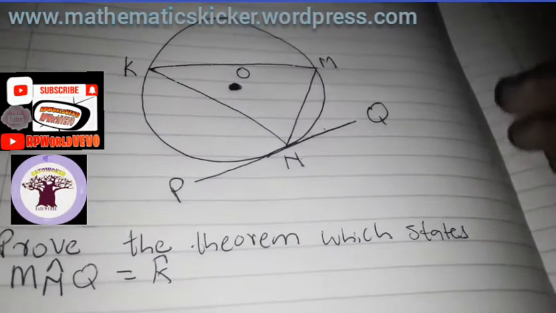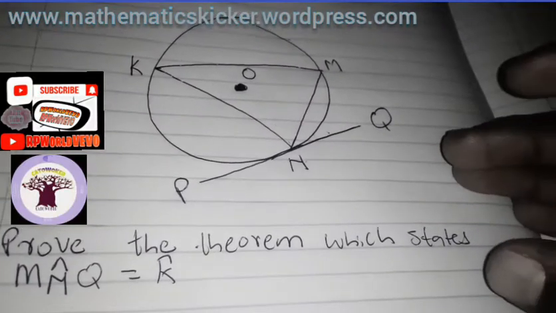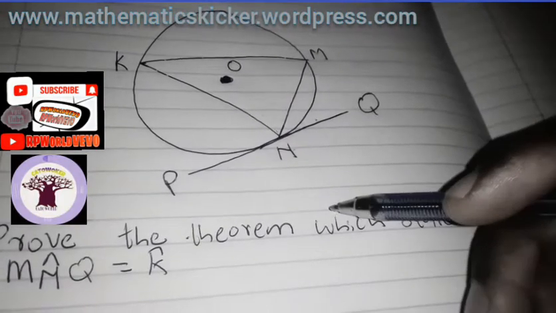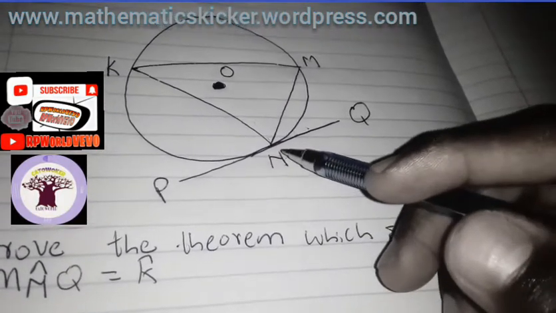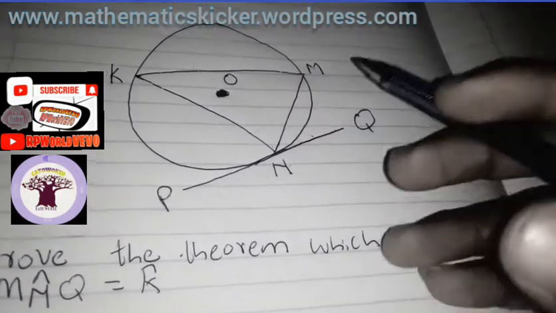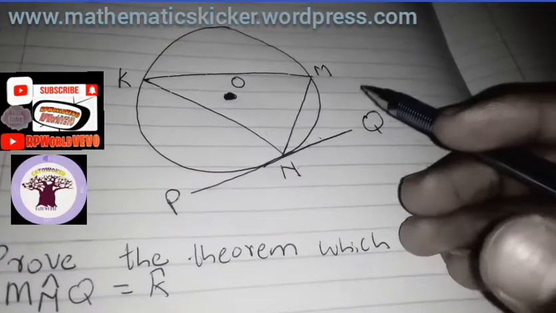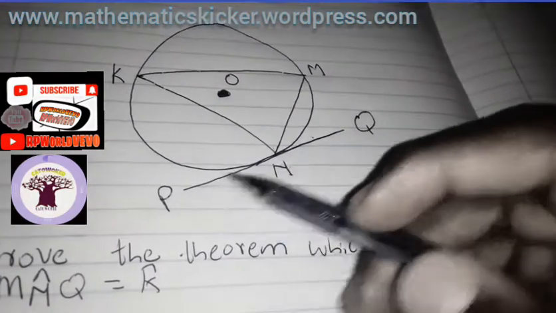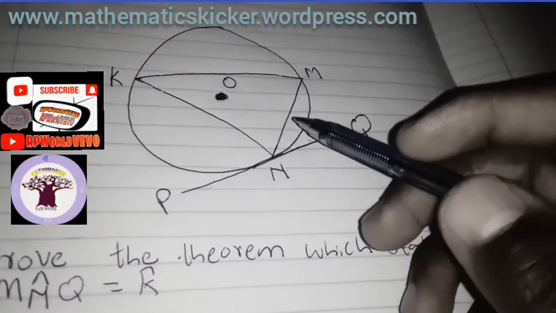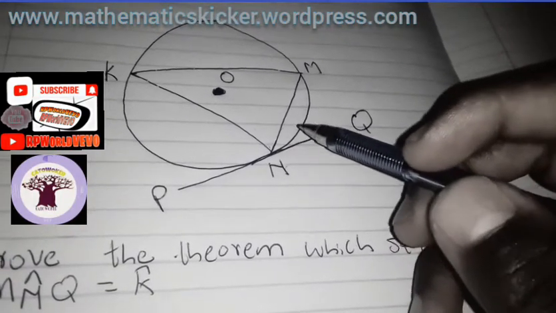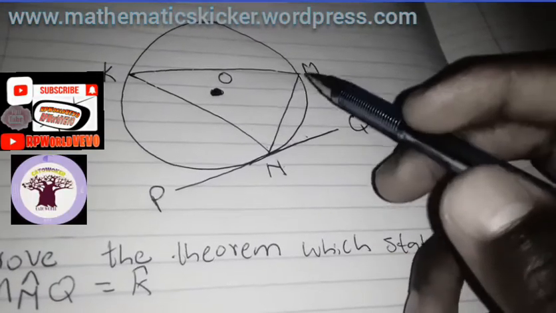In the previous video, I proved this theorem using method 1. Today we'll be proving this theorem using method 2. It says the angle between the tangent to the circle and the chord drawn from the point of contact is equal to the angle subtended by the same chord in the alternate segment.